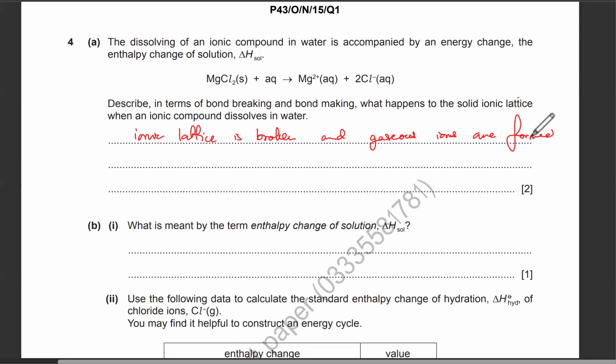Then those gaseous ions get hydrated. So your gaseous ions get attracted to dipoles of water molecules, and they get hydrated.